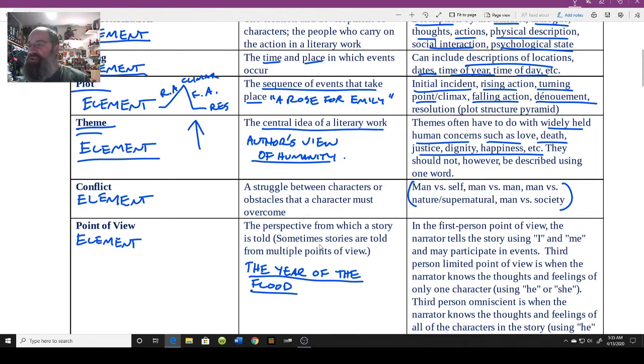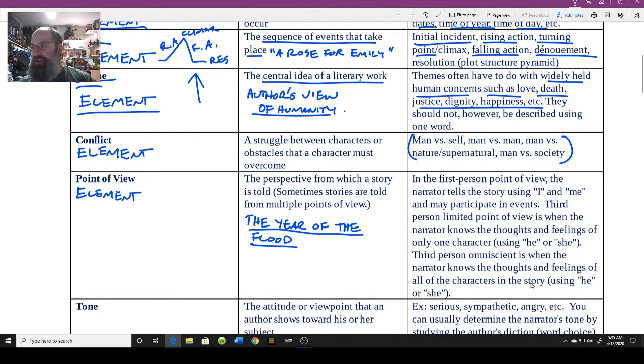It's told from 2 different points of view. One point of view is told in first person. The other is told in third person. So this has been beat into your head a million times. You've got first person, second person, and then third person. And with third person, there's limited third person, and then there's omniscient, third person omniscient. That's when the narrator knows everything.